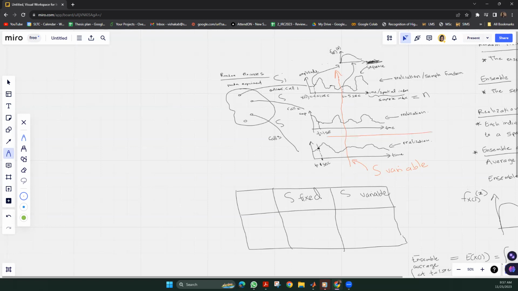It could be one of the outcomes like this. So we are considering a specific outcome, and in that case theta is fixed. Theta is variable if we are considering the different outcomes we get once we vary the theta value.